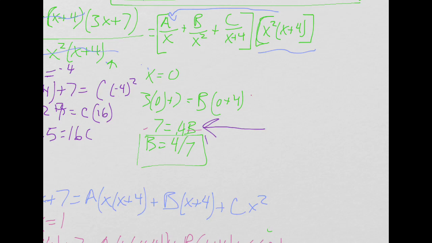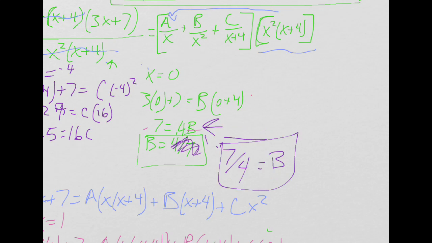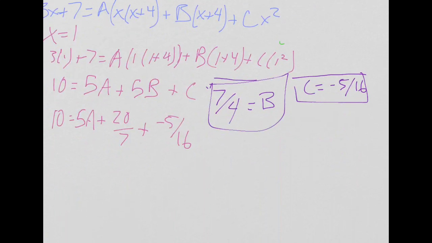We had 7 equals 4b. So divide by 4 on both sides, and you should get b equals 7 over 4. Not 4 over 7. My bad, y'all. So let's go ahead and fix this problem down here where we are using it now. Apologies, apologies, apologies.